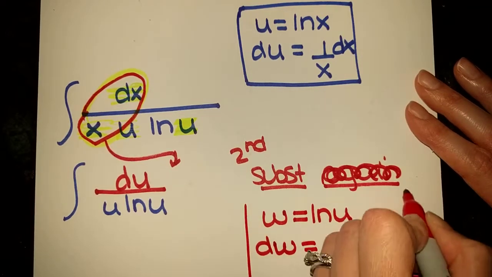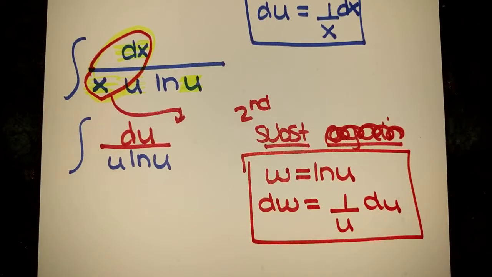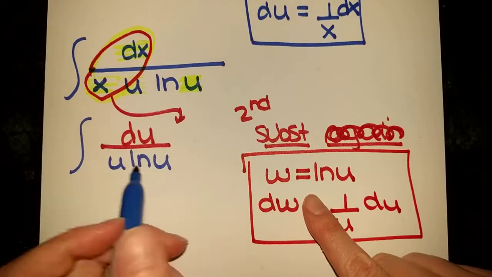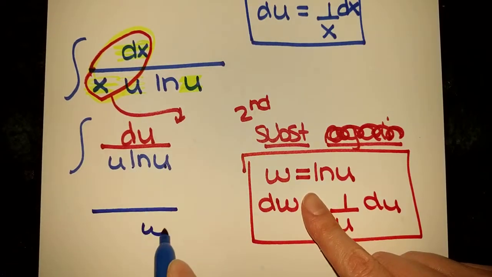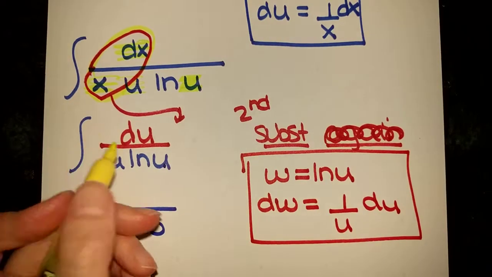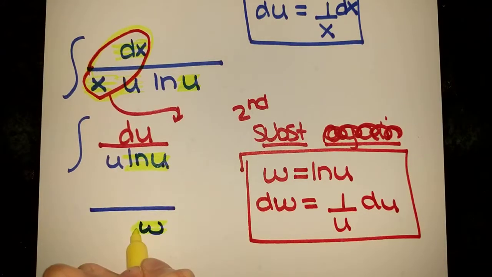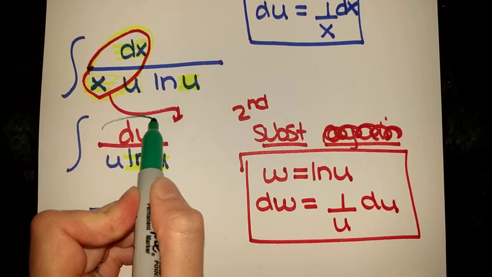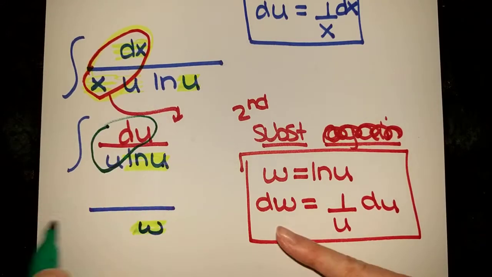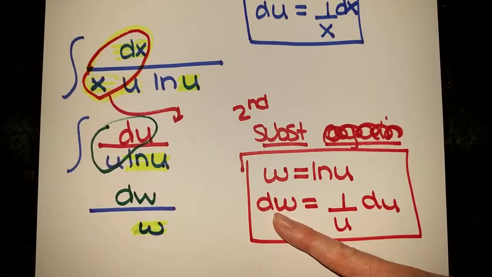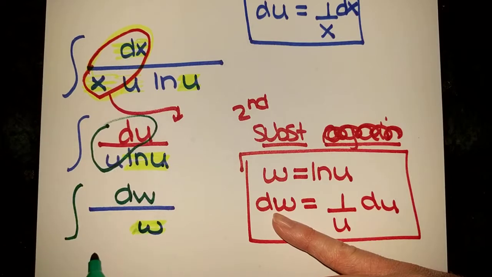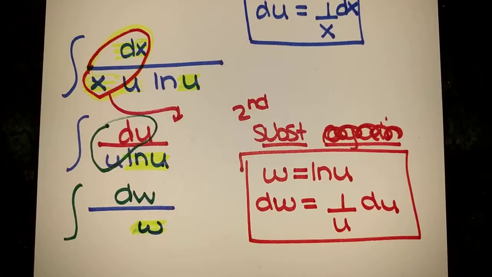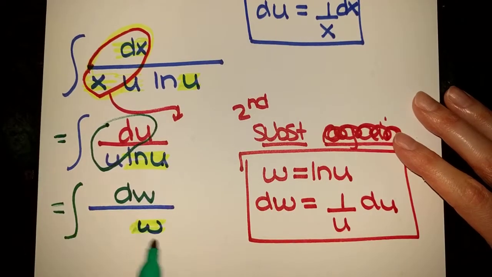Now, with that key in mind, I would make my appropriate replacements. This natural log of u would become a w in the denominator. That leaves us with du over u, which would become dw in the numerator. And then we can integrate. When you look at integrating this, you say to yourself, oh, I have a w to the first power.